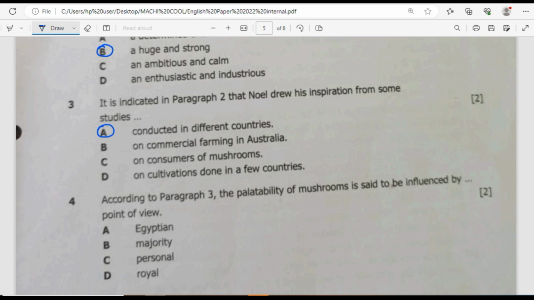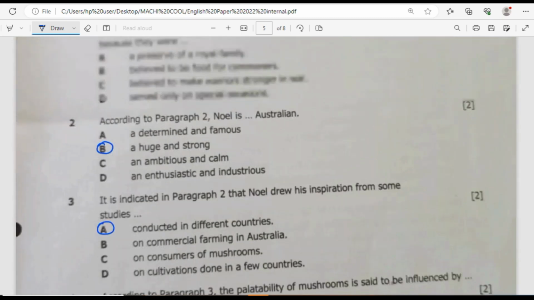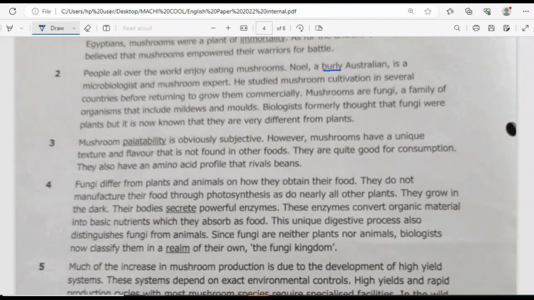According to paragraph 3, palatability of mushroom is said to be influenced by point of view. So palatability, let us look at paragraph 3. Mushroom palatability is obviously subjective. However, mushroom has a unique texture and flavor that is not found in other food.